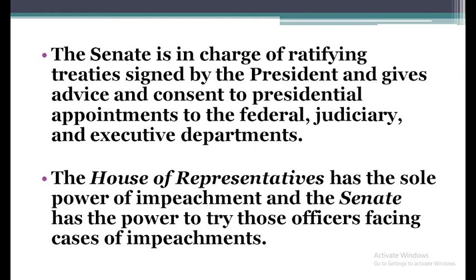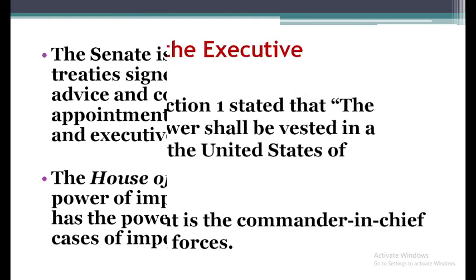In other words, the Senate acts as the court of impeachment against the President and other high officials of the United States, including the judges of the Supreme Court. Though the Supreme Court is the court of all laws, the Senate at times acts as the court of impeachment.